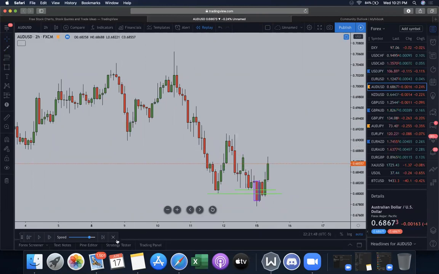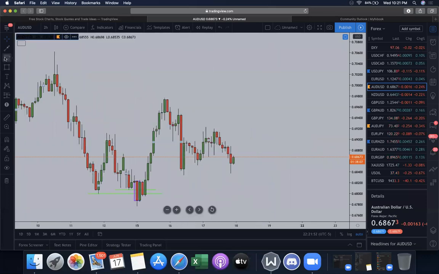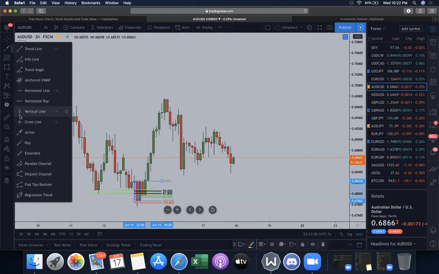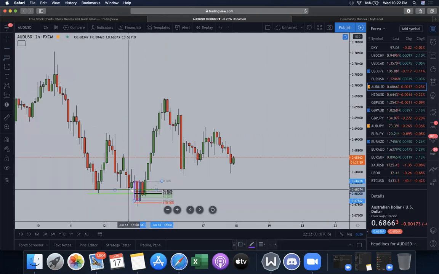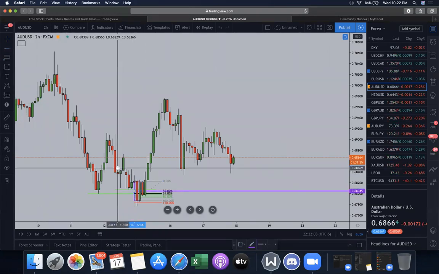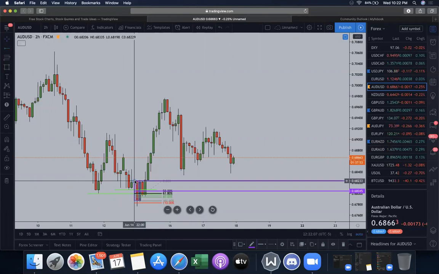But what we're going to be looking for is something like this. And we'll measure the 50% of this candle. Okay, there's 50%. There's the open.